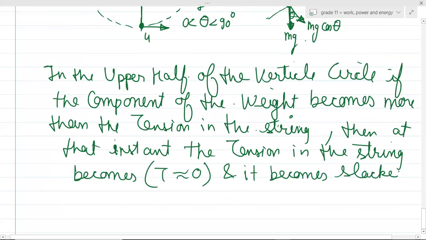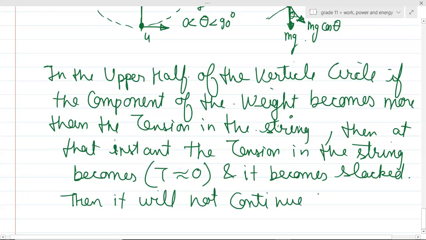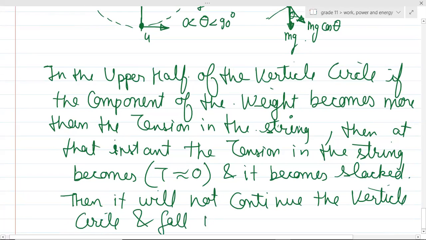And can you see, if the string becomes slack, then it will fall. It will not continue the vertical circle, and will fall just like a projectile motion.